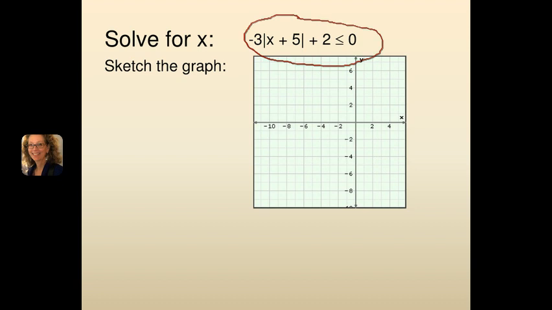Fight that instinct. You're not doing this algebraically. You are going to do it graphically by starting with a sketch. So go ahead and sketch the function that's on the left-hand side of this inequality.